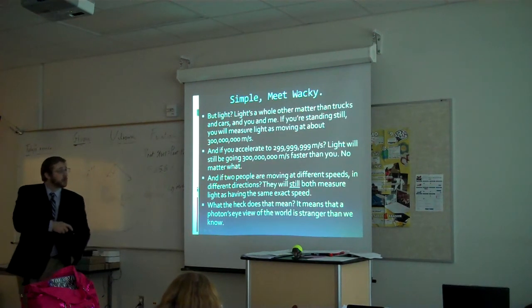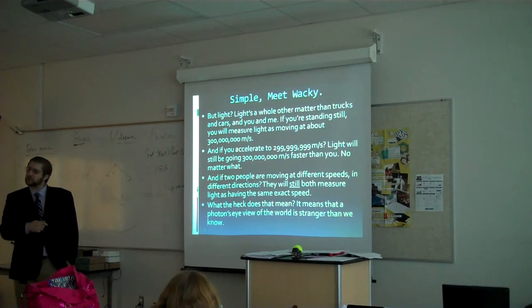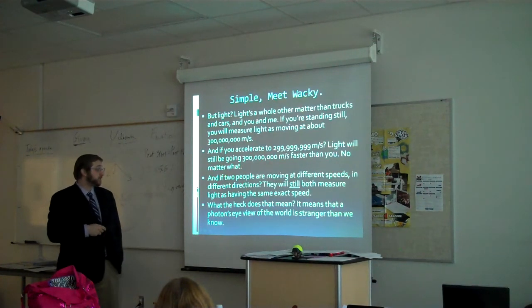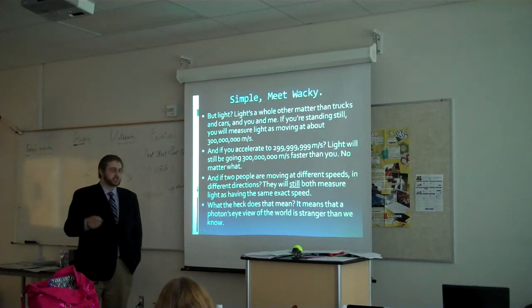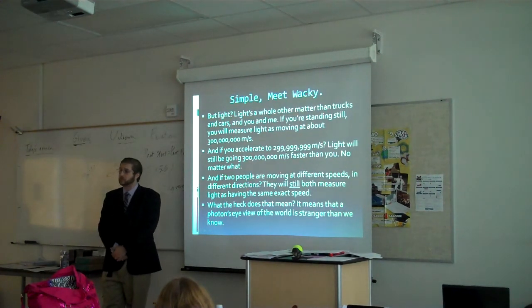And what's more, if two people are moving at different speeds and in different directions, they'll still measure light as having the exact same speed. This means that the view of the world from a photon's point of view is really strange.